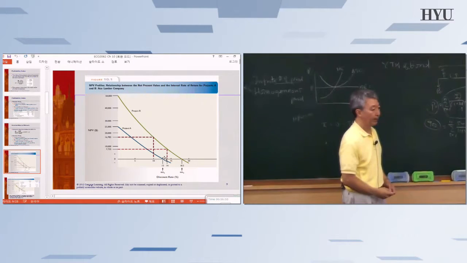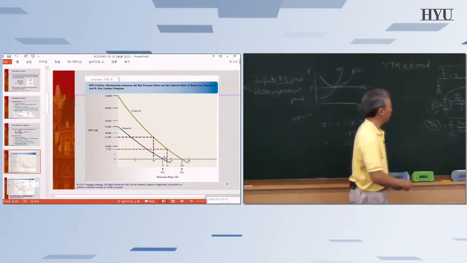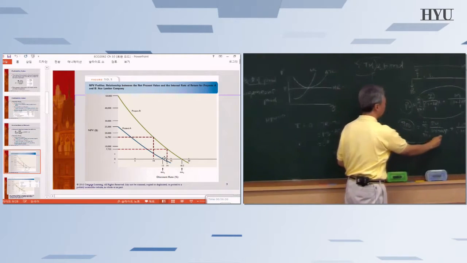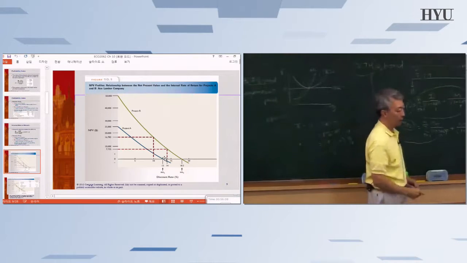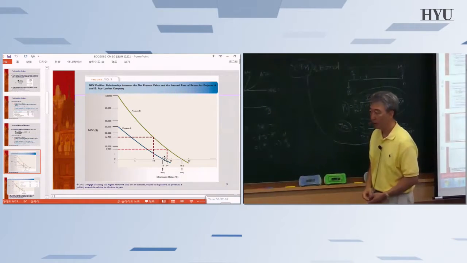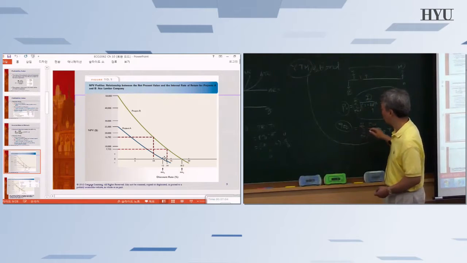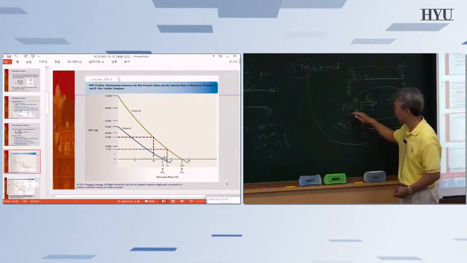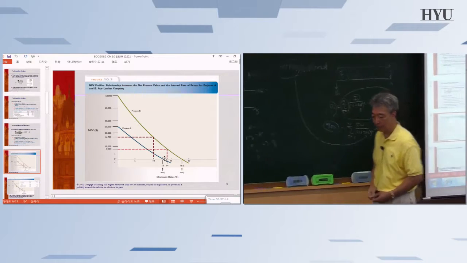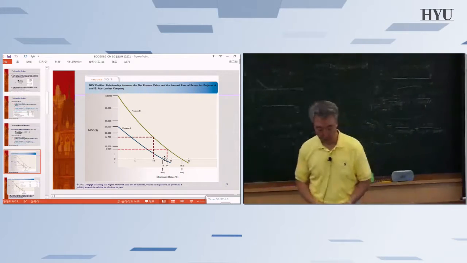Okay? So yield to maturity was solving for this internal rate of return. The internal rate of return is the discount rate which equates the left-hand side to the right-hand side. Same idea here, right?